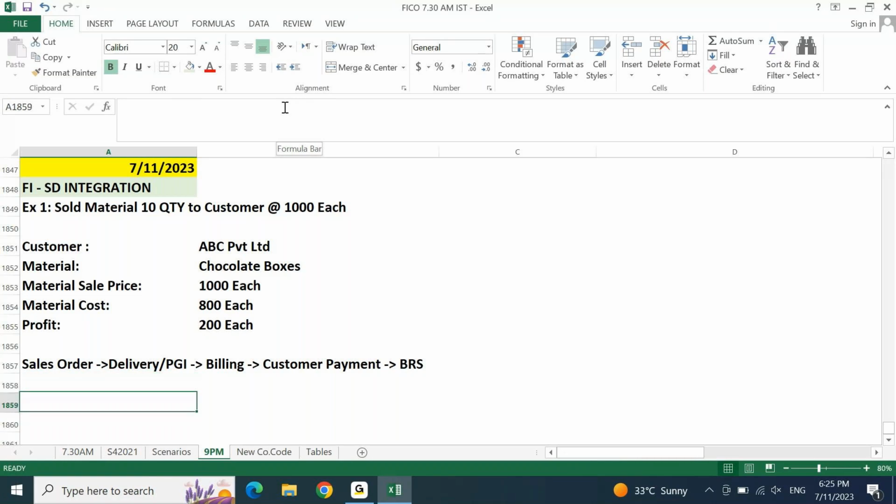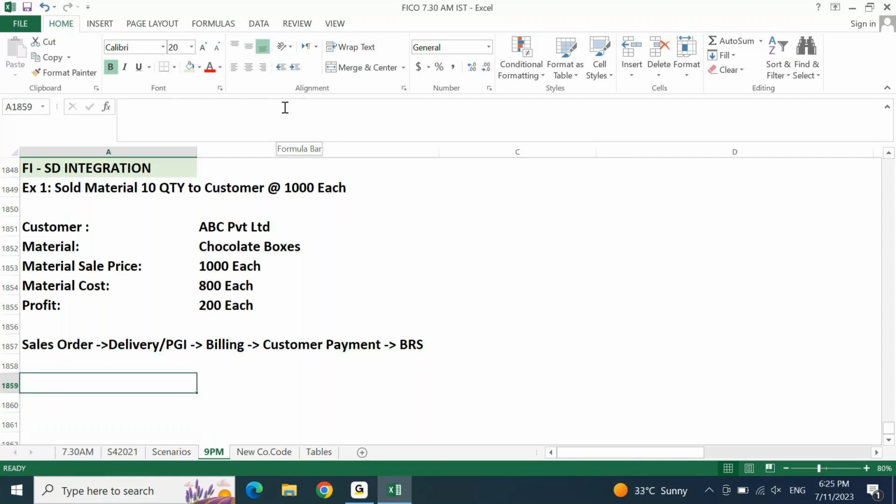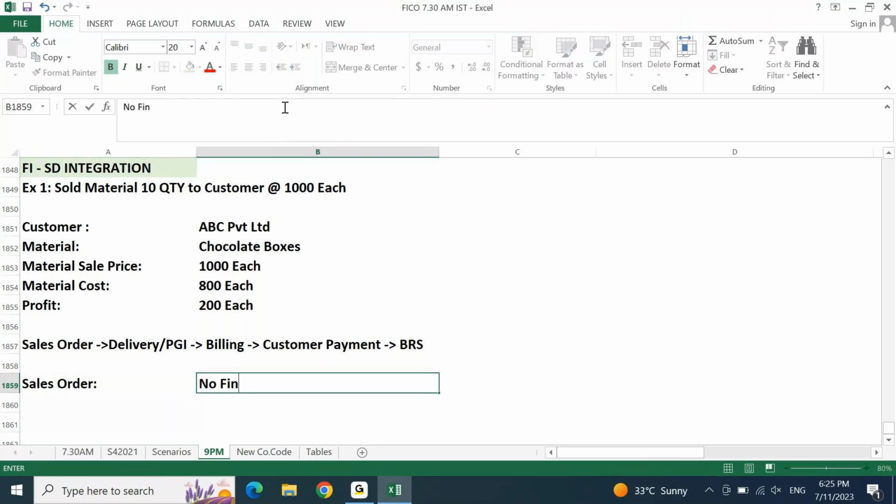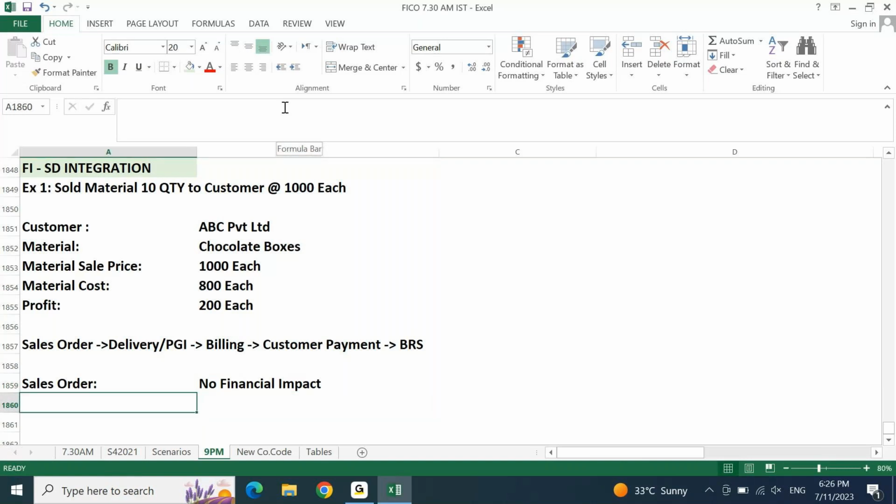Now, when it comes to the sales order, there will be no accounting entry, no financial impact. Next, when you perform delivery and PGI, delivery is not going to create any accounting document, but PGI will create the accounting document.